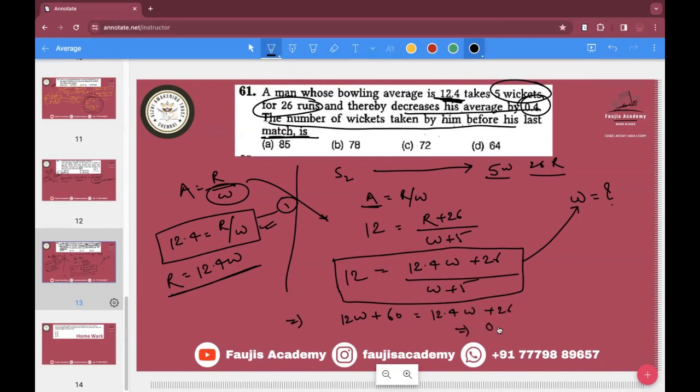Which is equal to 0.4 W is equal to how much? 34, isn't it? That means W is equal to 34 divided by 0.4. Have I done any mistake somewhere? So it is 85. No, I haven't done any calculation mistake.